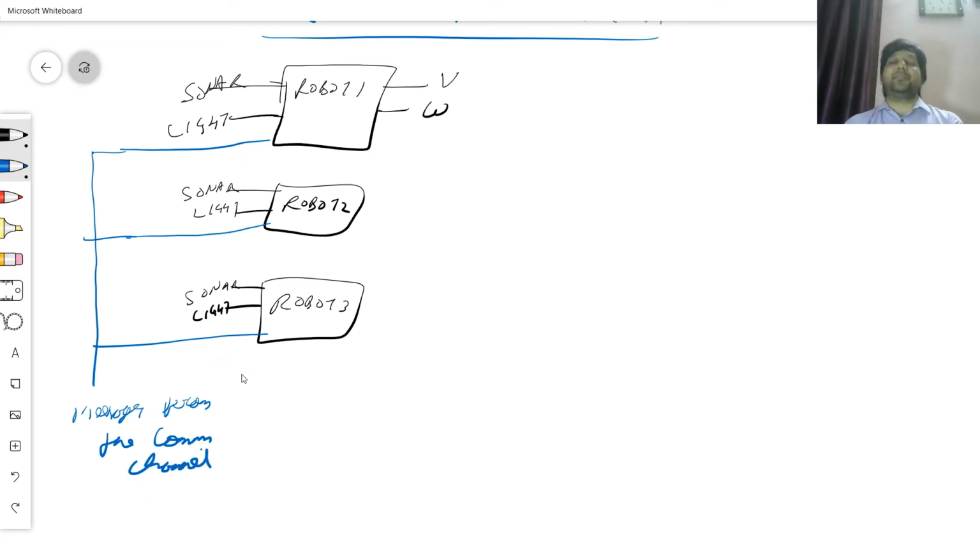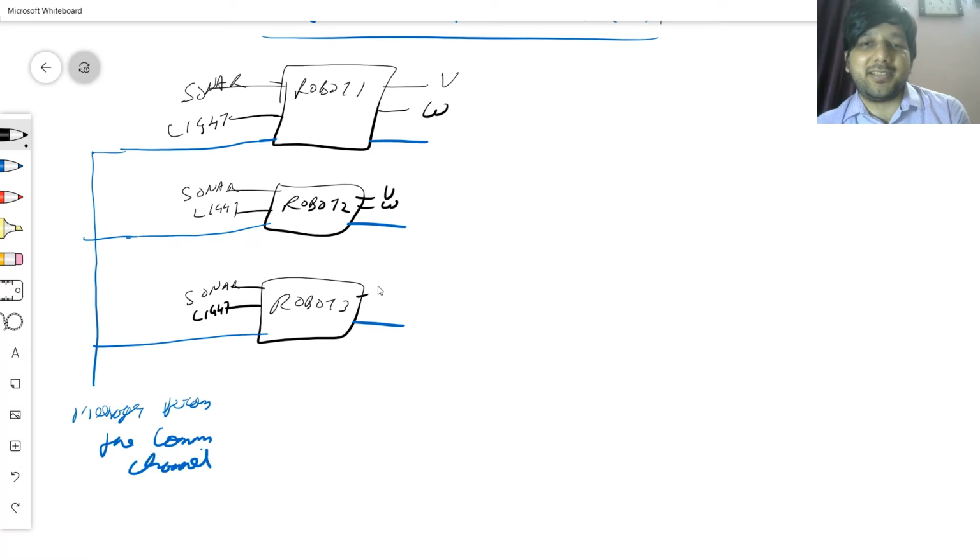Anything that you broadcast will come in over here, and each one of them will get it. And similarly, you can also broadcast on the communication channel as actuators. So that's your normal actuators. And you also have an actuator, which is the communication channel broadcast.